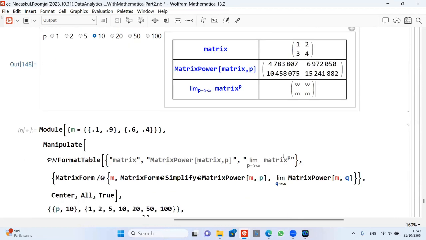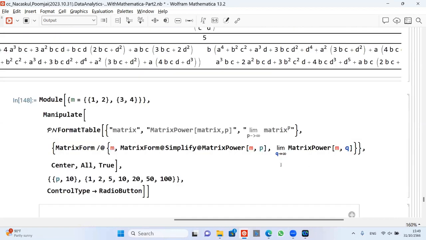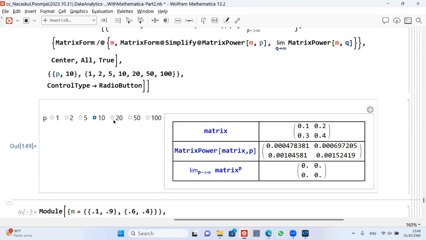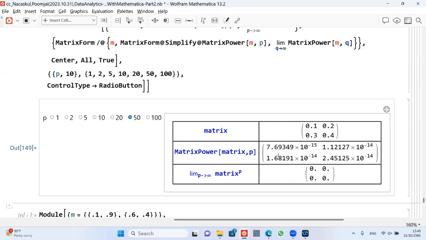Conversely, let's have another matrix, like this but 0.1, 0.2, 0.3, 0.4. If I multiply 20 times, 50 times, 100 times, it gets smaller and smaller. No surprise there, it dies out.